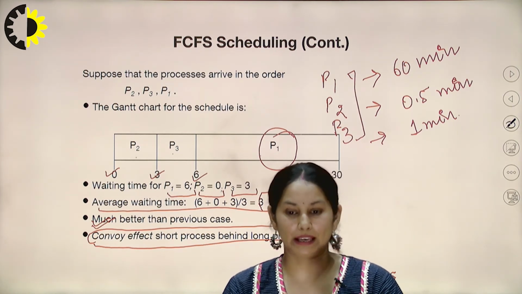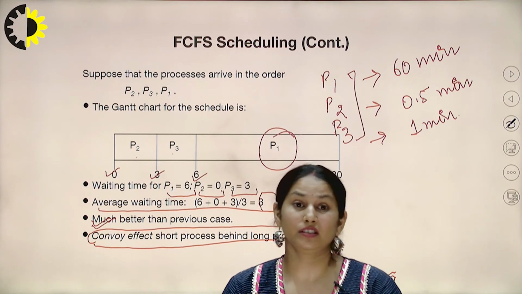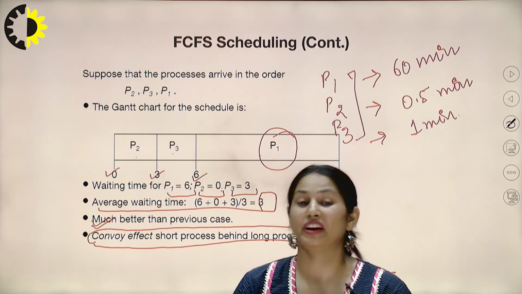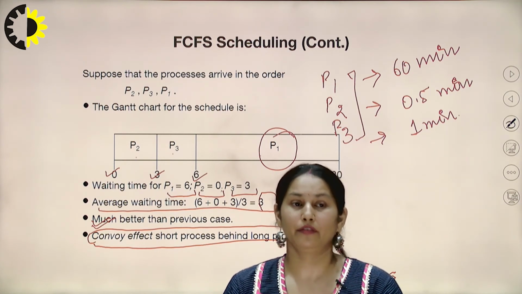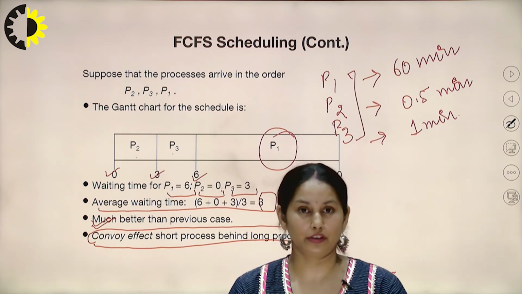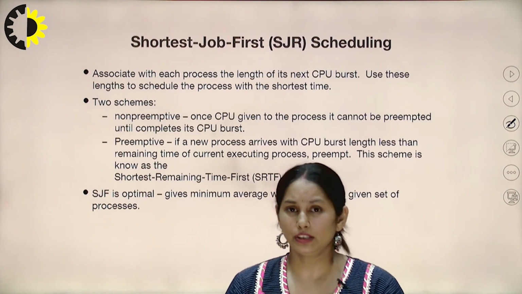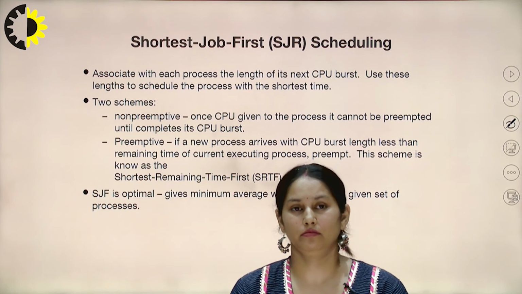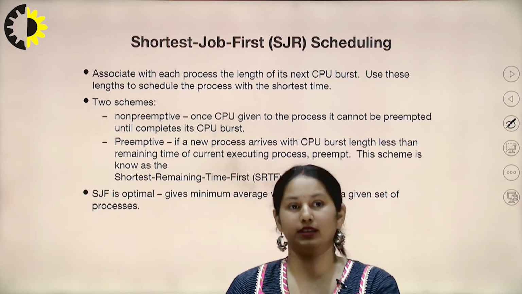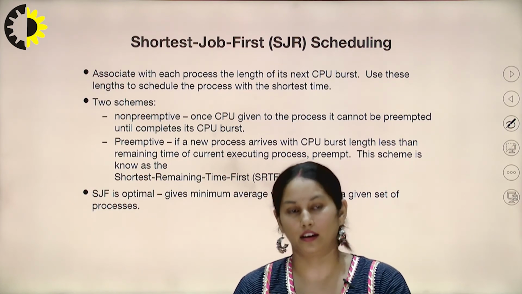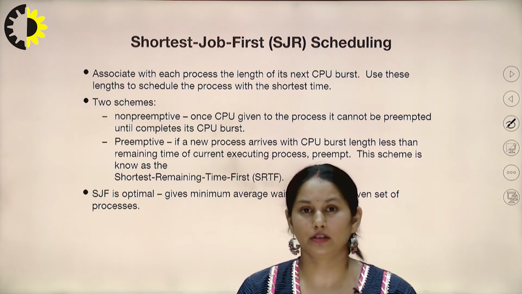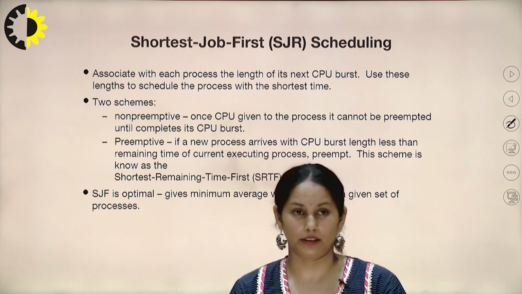So this is the basic, or you can say the very big disadvantage, in first come, first serve scheduling. Now the second algorithm is shortest job first, SJF, or you can say shortest job remaining algorithm.